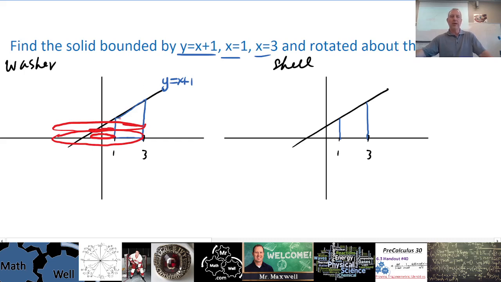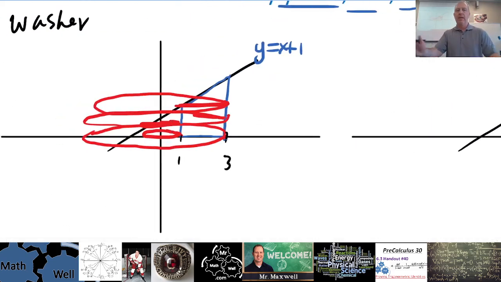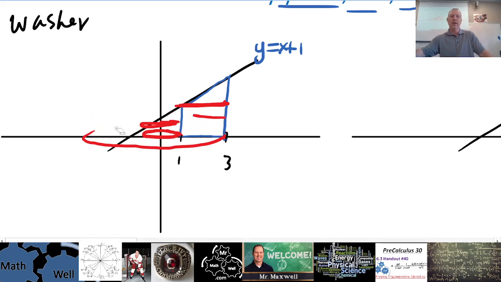But we would only be able to stack washers till this point right here, till this horizontal point right here. So I'm going to erase the washers there now. I might just zoom in so you can see this. Full shot here. But we would have to stop there because we now have a different set of boundaries.